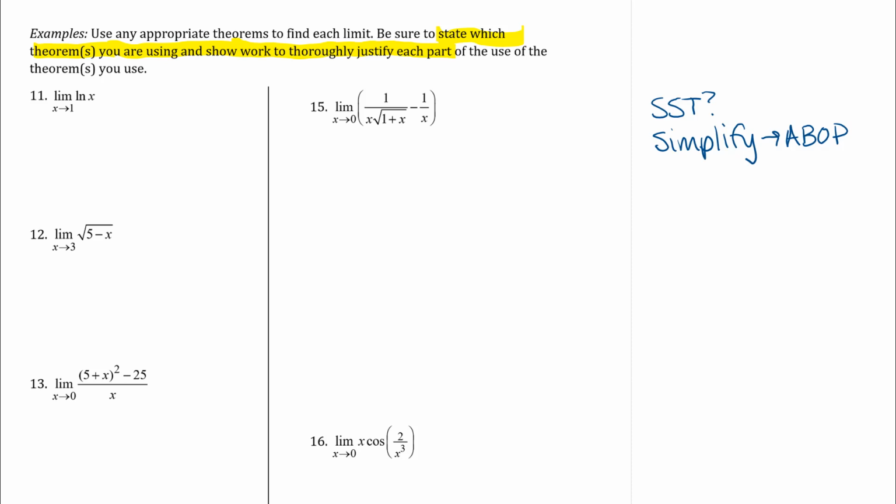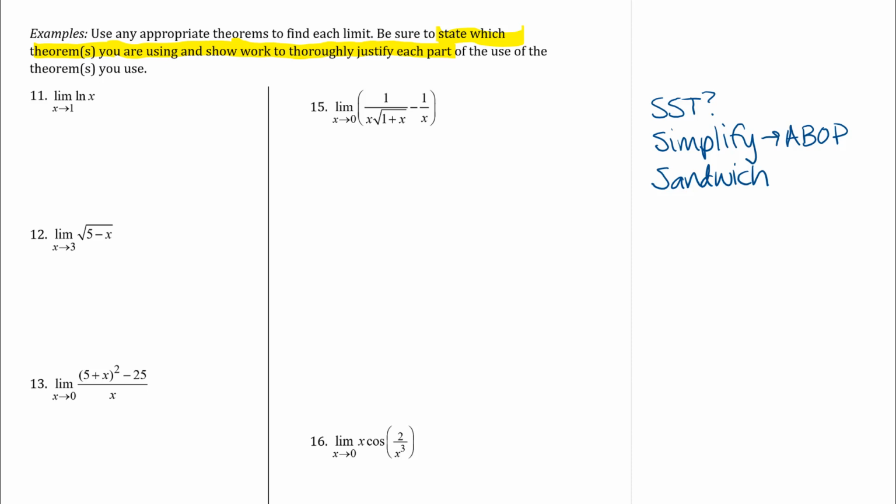Generally, I think through whether any of those strategies would work first, and if not, then I might think about using the sandwich theorem. The sandwich theorem can be a little more difficult because you have to think about what functions to use to sandwich the function you're working on, and sometimes that can be difficult. So I usually only attempt to use that if my other strategies are not going to work. All right, so let's go through these examples.